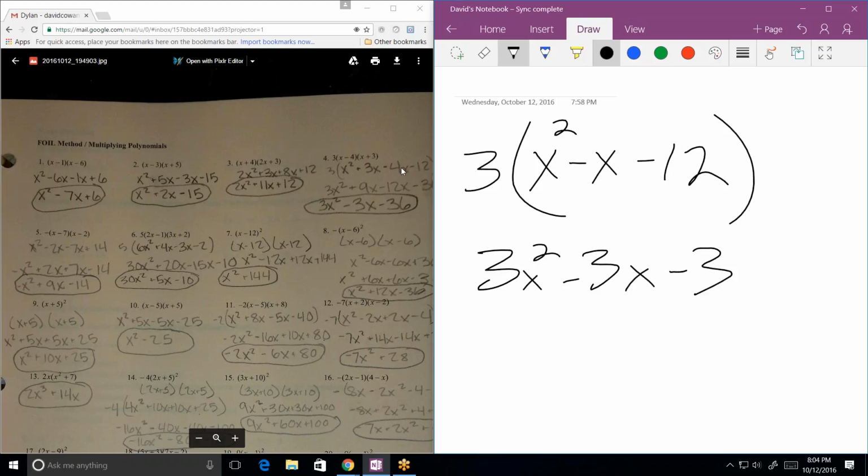The only difference is when you did it, you had these big numbers of 9 and 12, which you then had to combine to give you minus 3x. Can you see where it makes sense to simplify that before you multiply it by 3? You're always going to be combining those two middle terms. And that's really important for factoring.